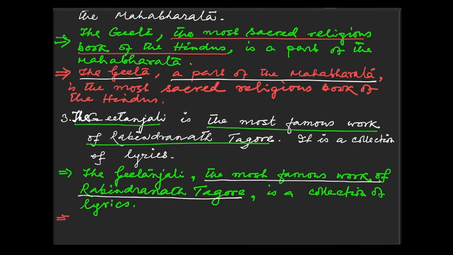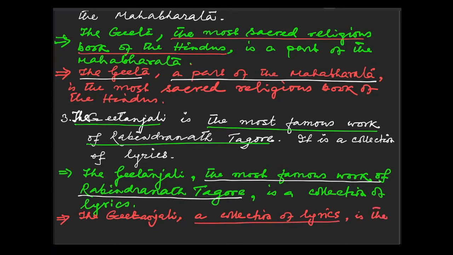See, the Gitanjali, comma, a collection of lyrics, this is noun in apposition, comma, is the most famous work of Rabindranath Tagore.